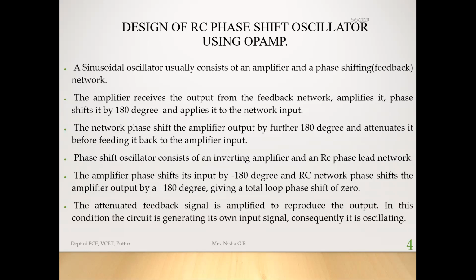It is like a closed loop. So this is nothing but the oscillator, consisting of an amplifier block and the feedback path. This feedback may vary from one oscillator to another. Here in the RC phase shift oscillator, in the feedback network, we are making use of an RC network, that is, a resistor capacitor network.